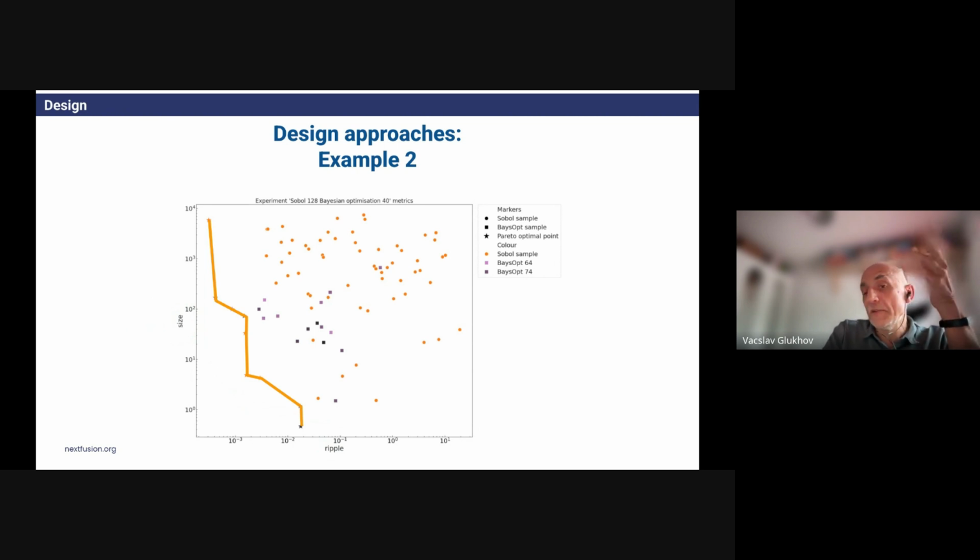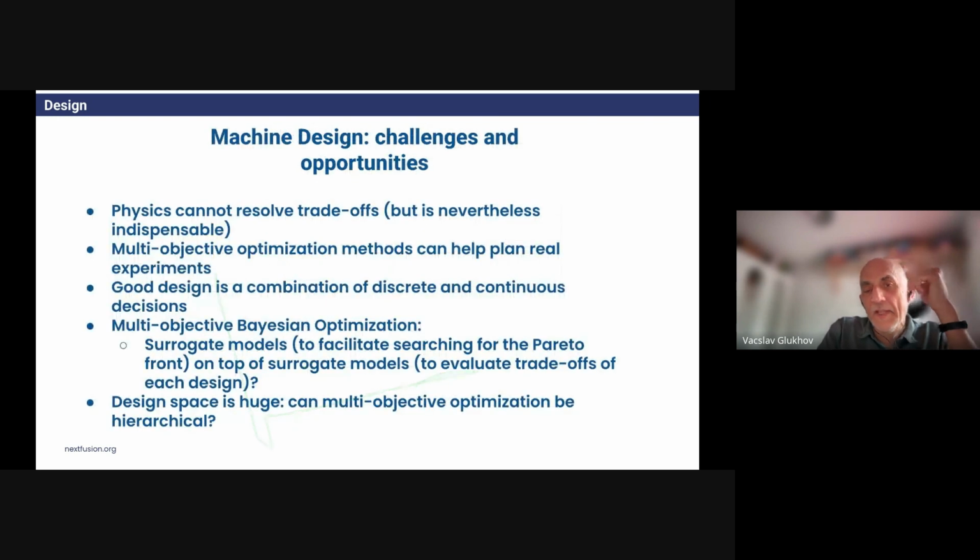So now I imagine they can pass these designs further to the engineering team that designs the rest of the system, and that next engineering team can use any point on this Pareto front to make that better. Okay, so machine design challenges and opportunities.